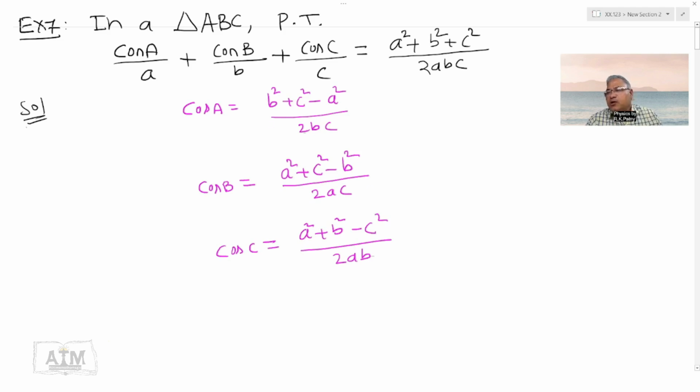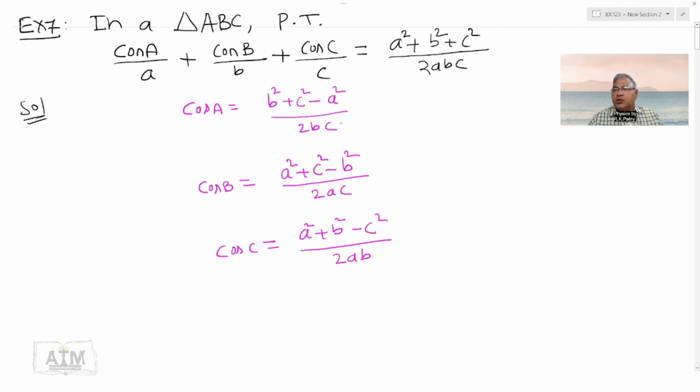And upon twice BC, twice AC and twice AB. When there is cos C, there is upon twice AB. The C is missing. When there is cos B, the B is missing, that is twice AC. It's a funny logic, but okay. While finding cos A, the A term is missing, and we get upon twice BC.